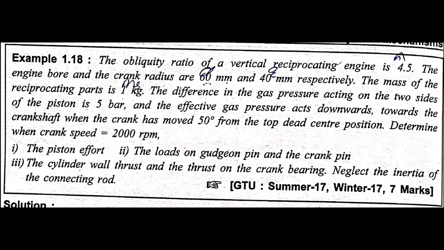So determine, when the crank speed is 2000 rpm, the piston effort, then find out the load on the gudgeon pin and the crank pin.